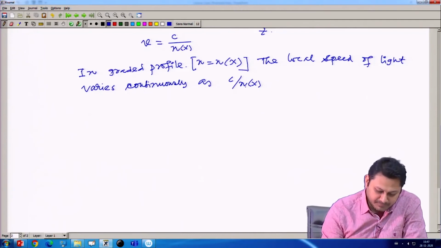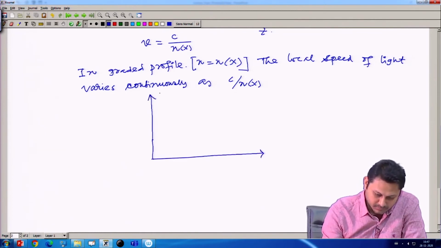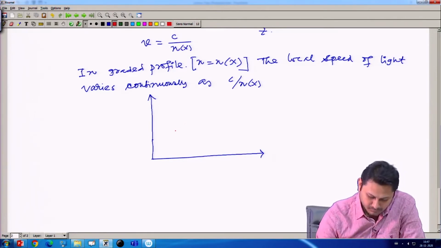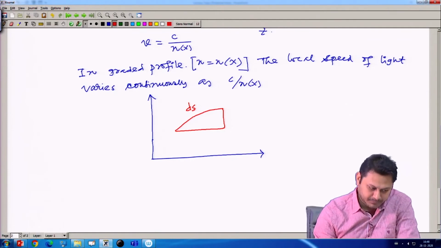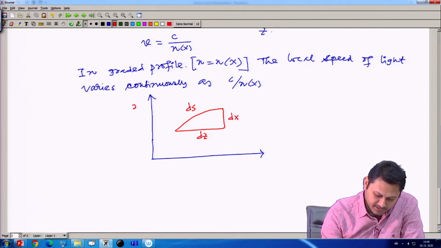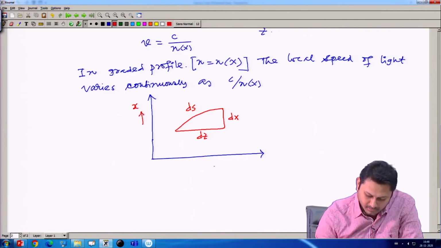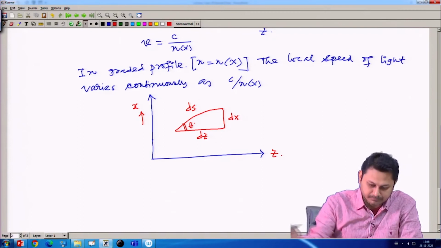In order to address this problem, let me again draw this. This is ds, this is dz, this is dx, because along this direction I have x, and this is z. This angle is theta.